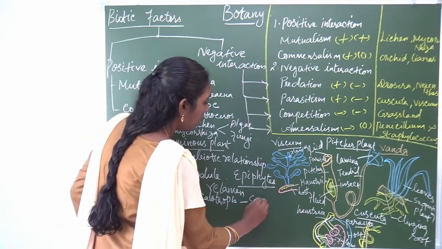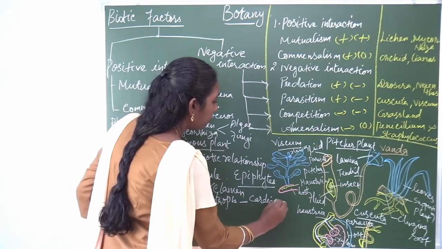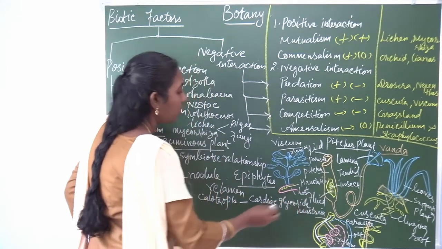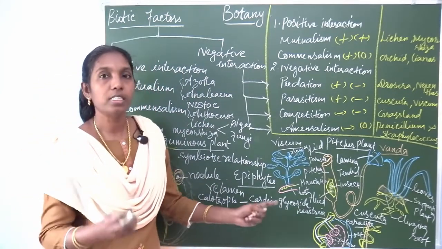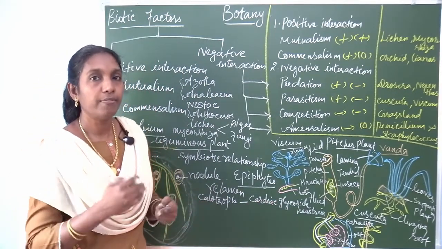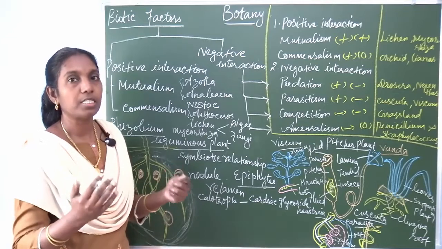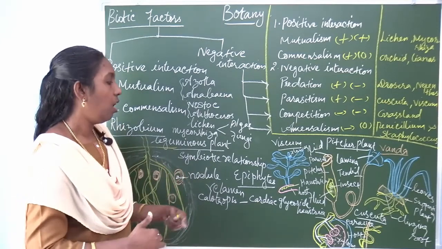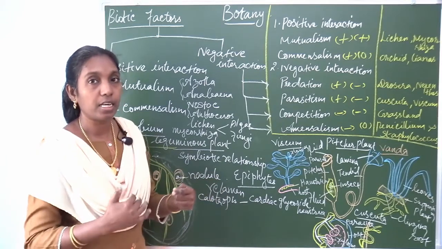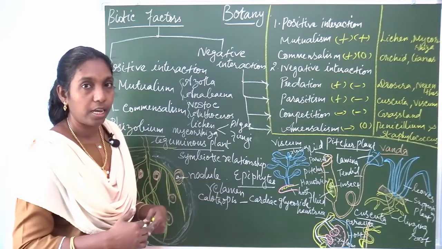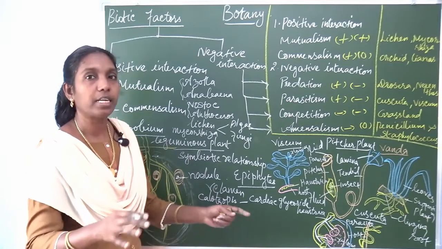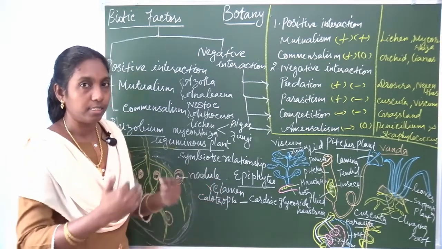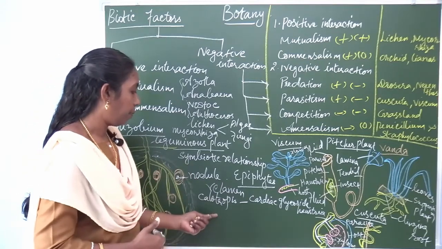This secretion is used as a defense mechanism. The plants protect themselves from grazing or browsing animals. Because of this secretion, the animals cannot graze it. So the plant protects itself, a defense mechanism.